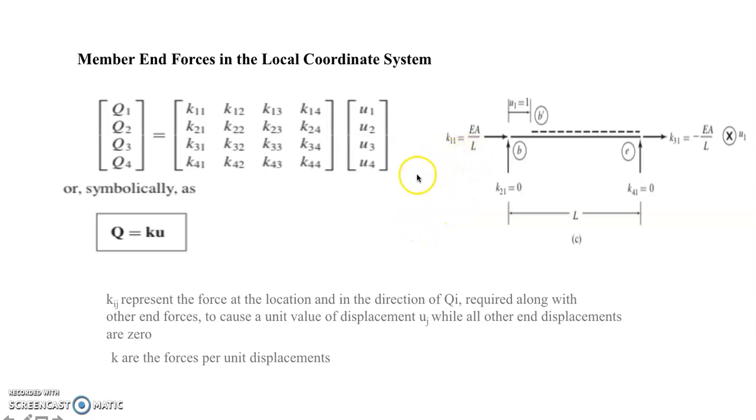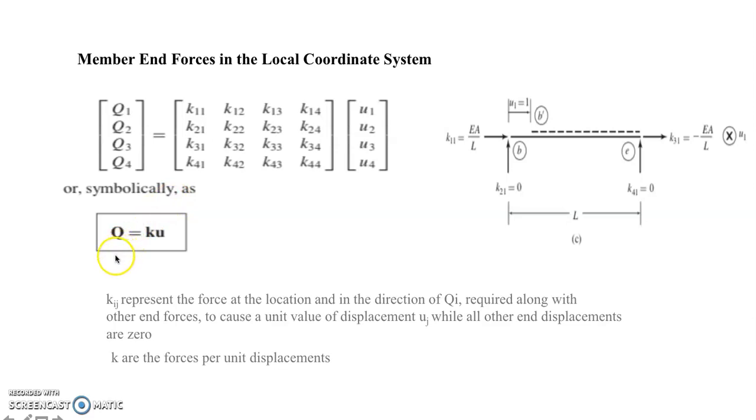So now we're going to establish our member end forces and member end displacements in the local coordinate system, and this is expressed as Q is equal to K times U. So this is now the relationship between member end forces, member end displacements, and member stiffness coefficients in the local coordinate system.